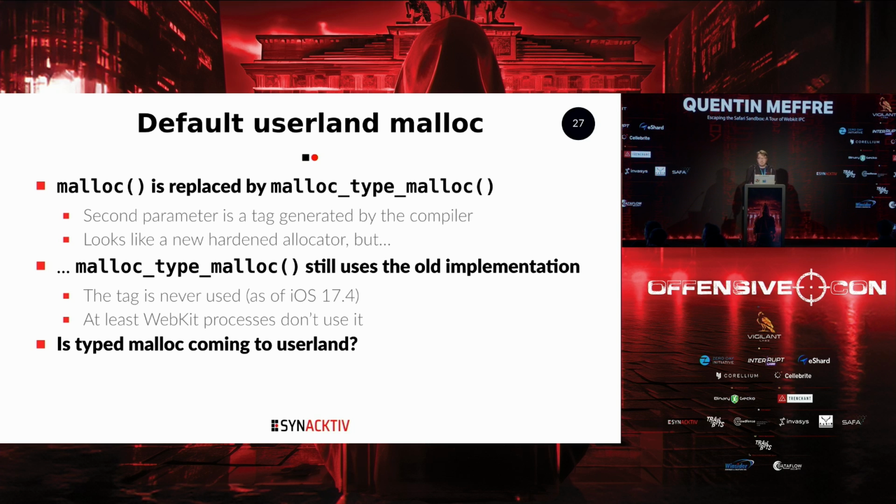This change might suggest that a new hardened allocator might come into userland, but after doing some tests, malloc_type_malloc still uses the old, insecure implementation. The tag is just never used today, at least in the WebKit process. Maybe some more sensitive process might use this new allocator, but I just do not know them. So maybe type malloc might come to userland, or maybe not.